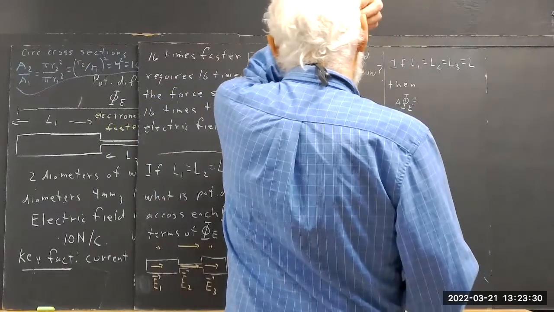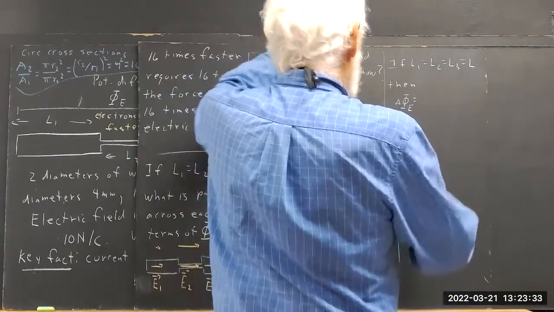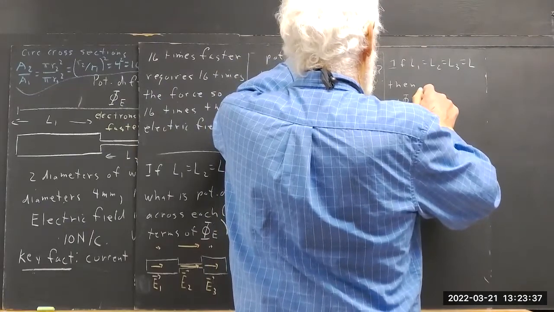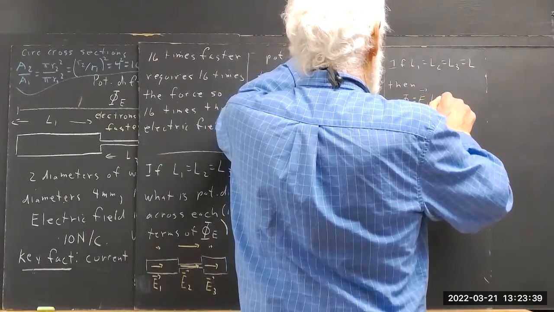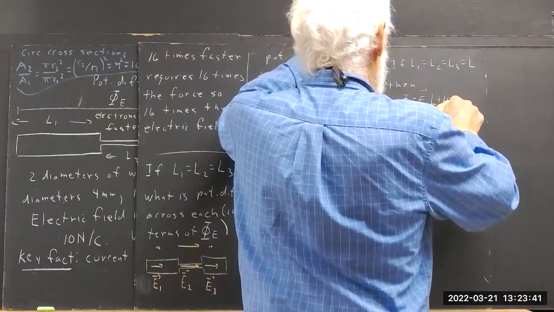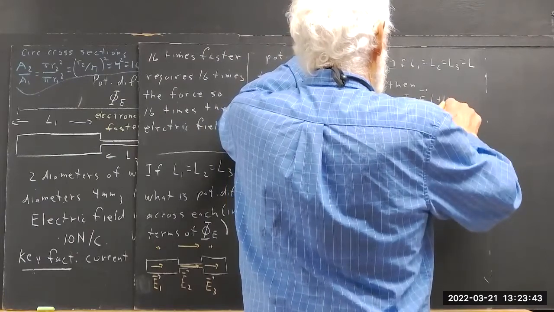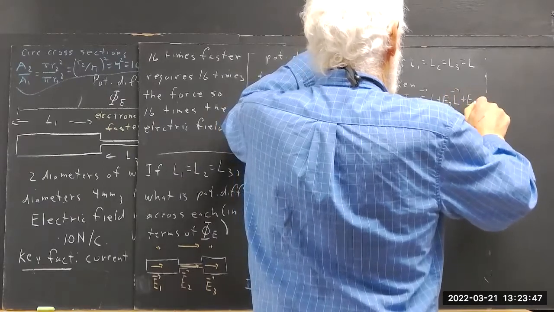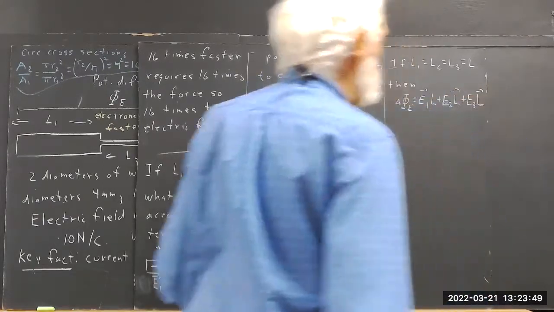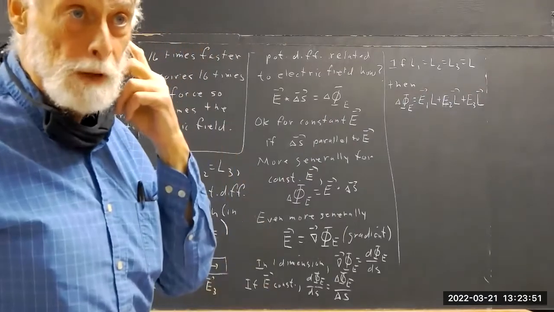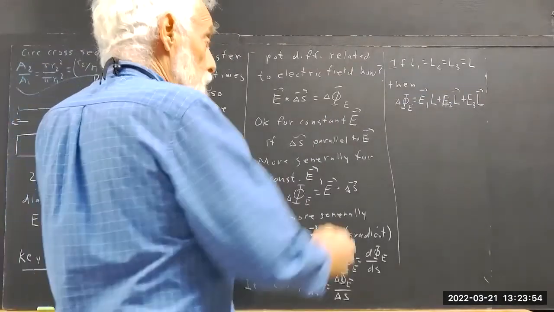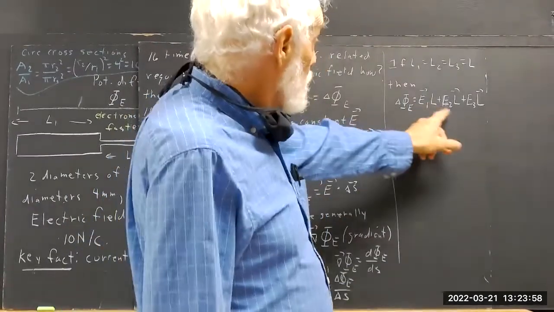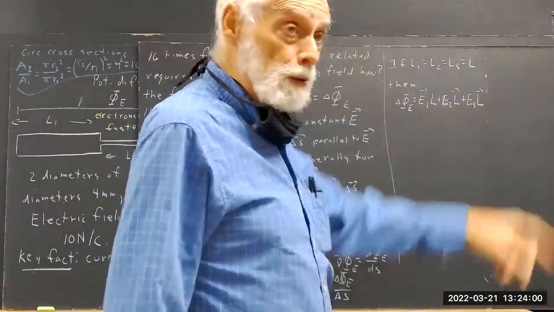E is then, well, I'm just going to write it as this. If L is the same for both. If they're different lengths, it's really easy to adapt that. You put an L1, an L2, and an L3 there, right?